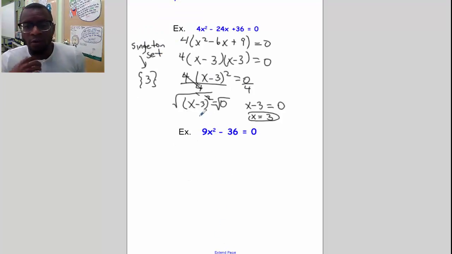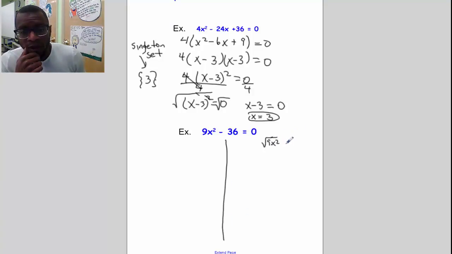Okay, our last example. This was a perfect square trinomial; here we have a difference of two squares. Remember, to factor the difference of two squares, we take the square root of 9x squared and the square root of 36. This is 3x and this is 6. So we have 3x minus 6 and 3x plus 6 equal to 0.